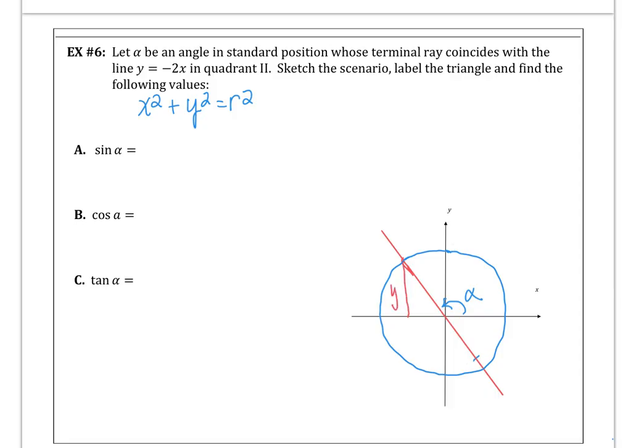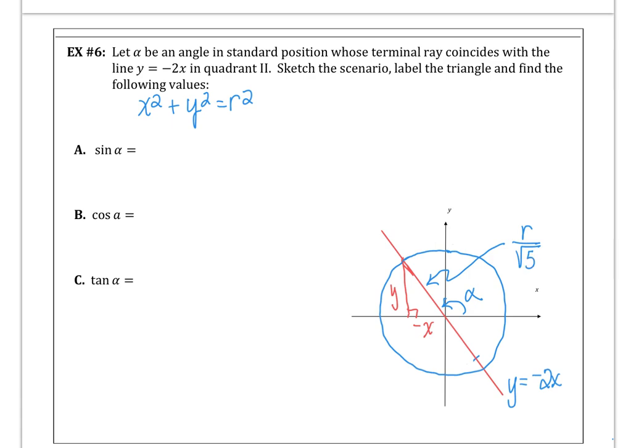This height is y. We got that right triangle. This length is negative x. The line is y equals negative 2x. And we need to find a name for our r value. That should turn out to be r divided by the square root of 5.